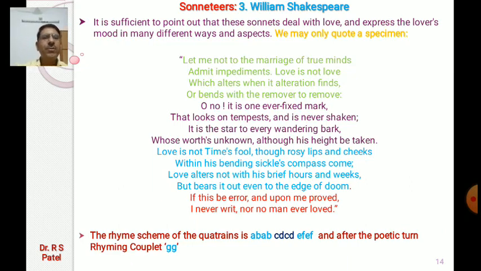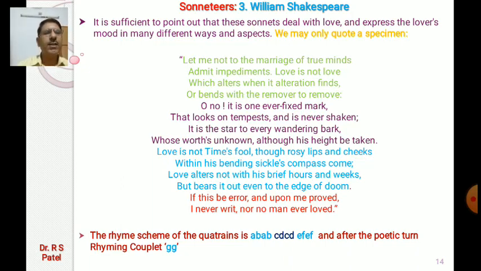Here is a beautiful sonnet with the Shakespearean rhyme scheme ABAB CDCD EFEF and GG. This is the sonnet in which you are supposed to see the rhyme scheme at the end of each line. You are supposed to see the rhyming words at the end of the alternate lines.